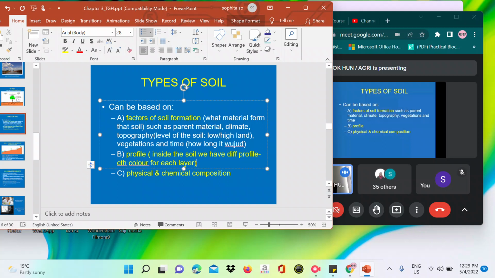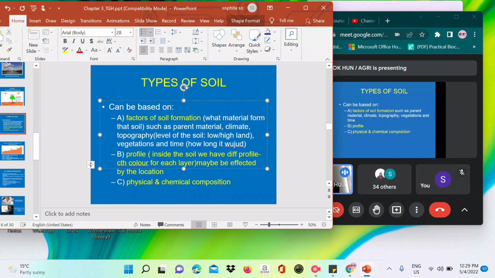That Malacca soil is different from Siri Selangor soil. So it's totally different. That means the location also affects the profile of the soil. Then physical and chemical composition: how the chemical composition is in that soil, and how it is physically, either rough or smooth, and so on. So this is the type of the soil.